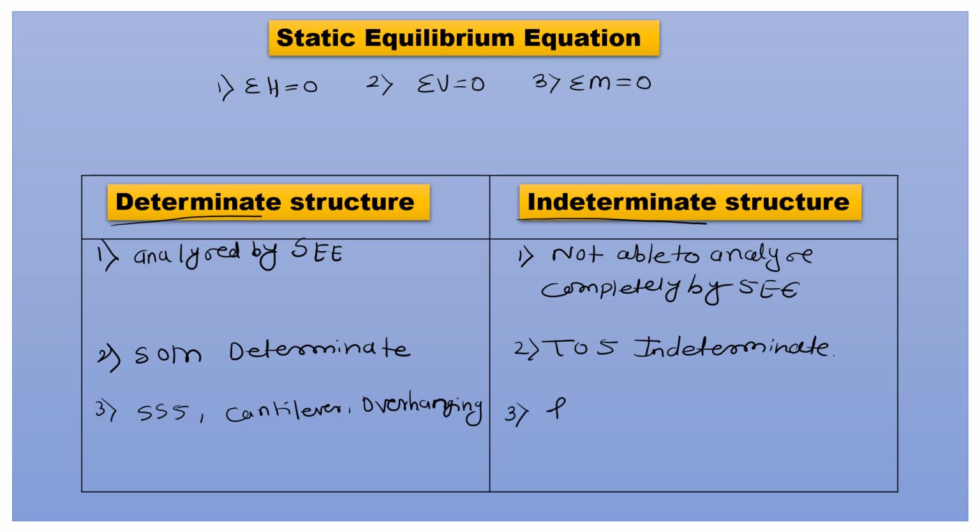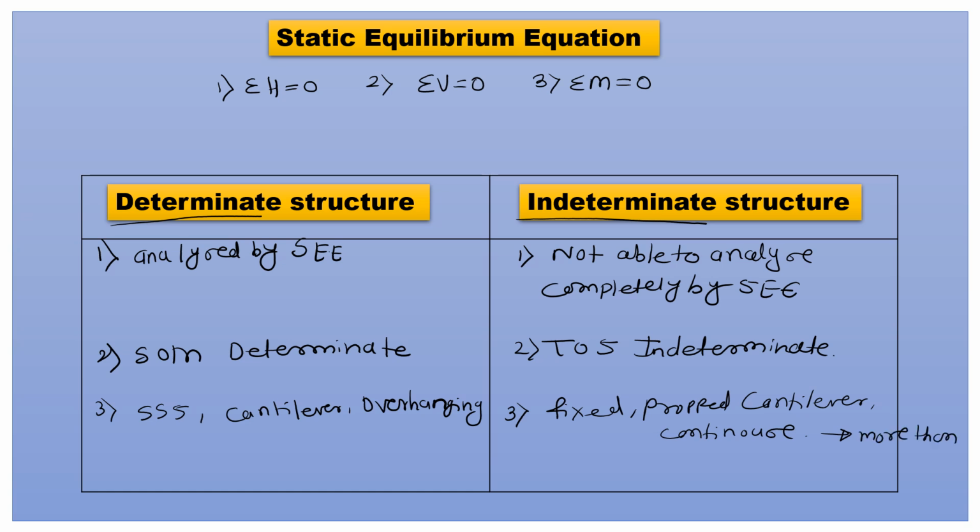And indeterminate ones are fixed beam, then propped cantilever beam, and last is continuous beam. These are the indeterminate structures which are not fully calculated by static equilibrium equations, because in fixed, propped cantilever and continuous beams the number of reaction unknowns is more than 3.